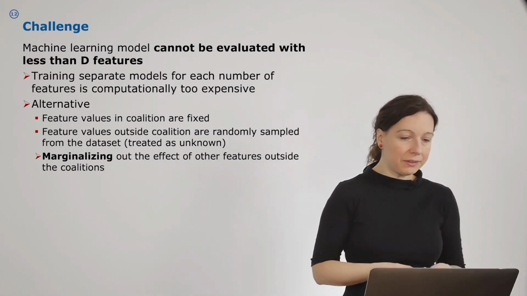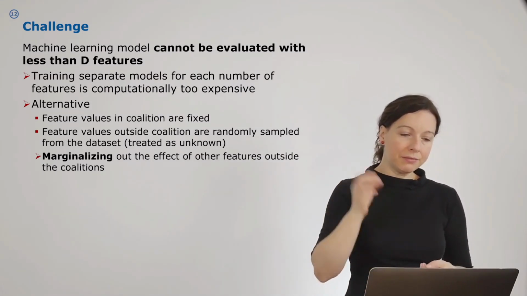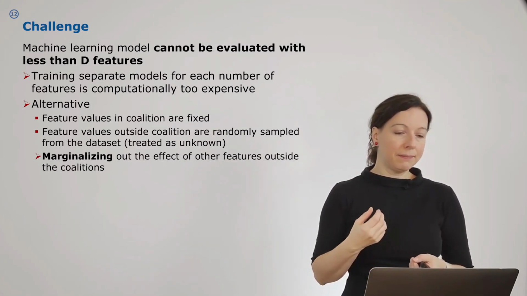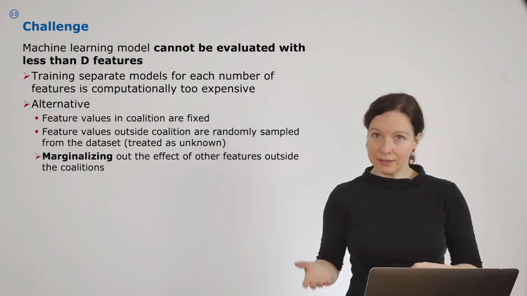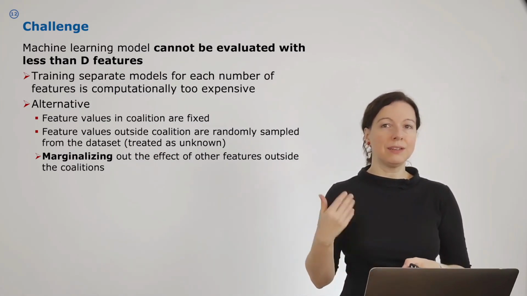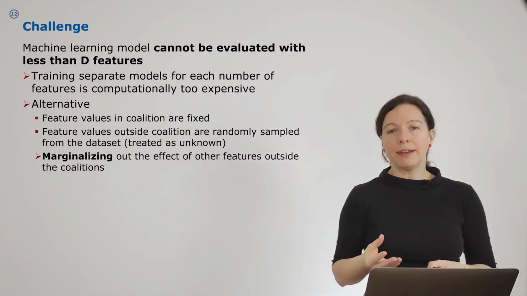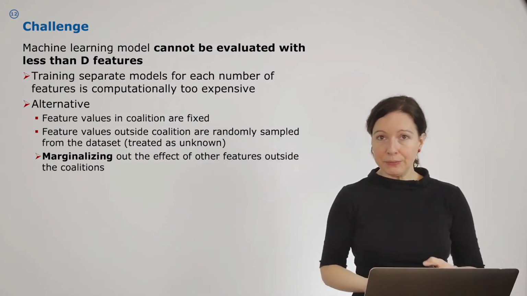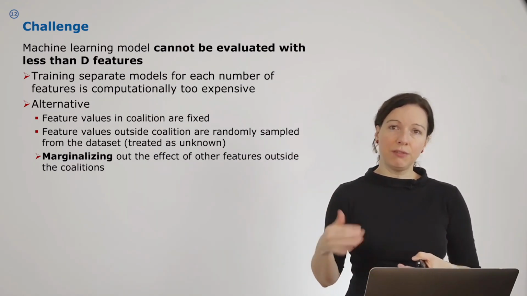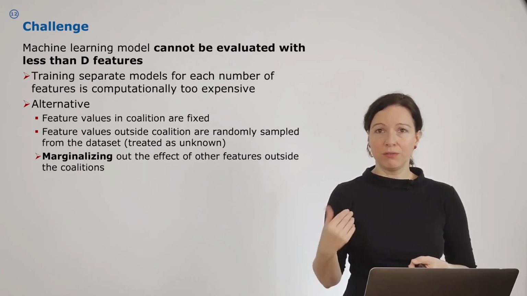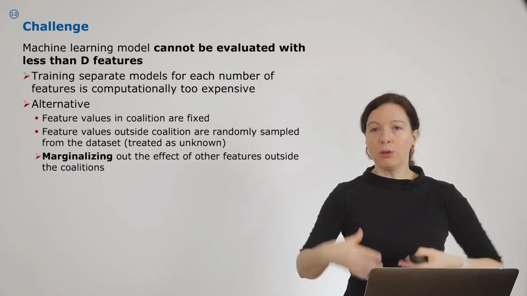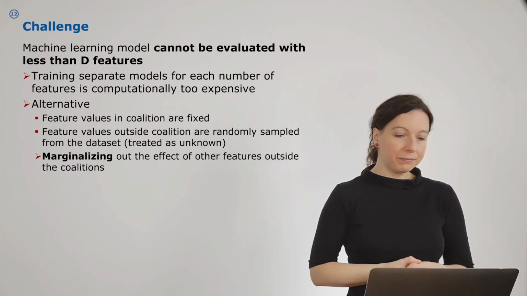The alternative is that the feature values in a coalition are fixed, and the feature values outside a coalition are randomly sampled from the dataset, so they are treated as unknown. This is a very common procedure when you want to get rid of the effect of one feature: you treat it as unknown.